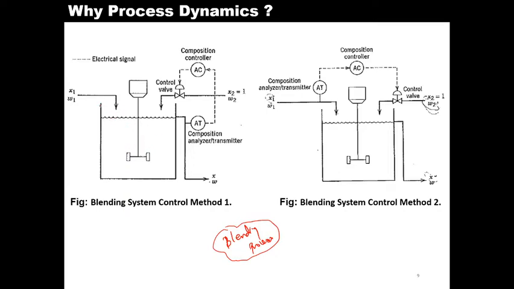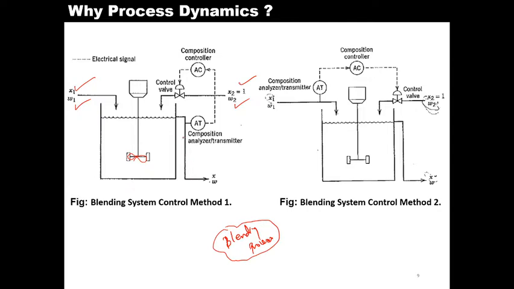Let's say the first liquor is coming from this side with concentration x1 and flow rate w1, and from the second side the concentration is, let us consider, x2, and the flow rate of the liquor is w2. Both liquors are coming inside the tank, and from this stirrer the liquors are going to be mixed.